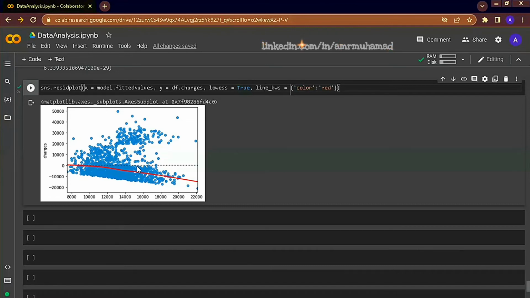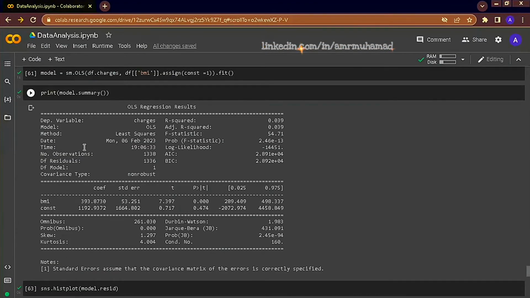We have been through a lot and we need to summarize what we have done so far. First of all, we built a model using ordinary least squares regression, and the most significant area is this, where we calculate the coefficients of each feature. The easiest part is to build a model, but the most important and critical part is to assess whether this model is valid and reliable or not.